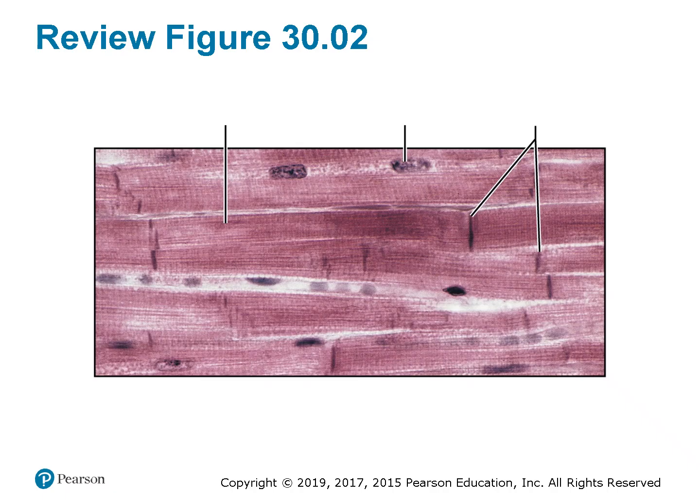The dark lines running perpendicular to the fibers are intercalated discs, specialized junctions that anchor the cells together and allow electrical impulses to pass rapidly from one cell to the next. This unique arrangement enables the heart to function as a synchronized unit, contracting rhythmically and continuously without fatigue. The visible striations reflect the organized alignment of actin and myosin filaments, illustrating how structure directly supports the heart's powerful and coordinated contractions.